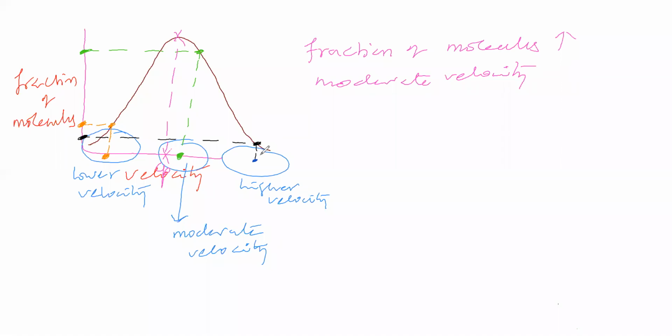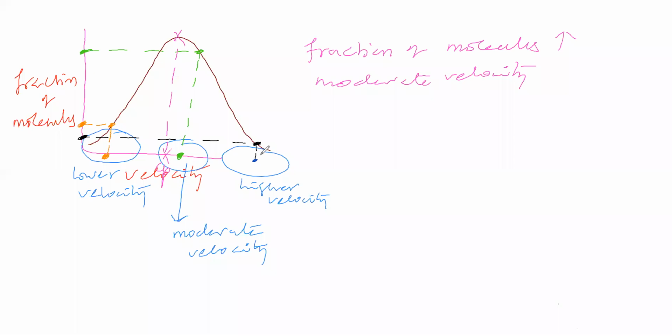So you think CP means the maximum fraction of molecules having that velocity, no? The velocity at which the maximum fraction of molecules have that velocity is called CP, isn't it?